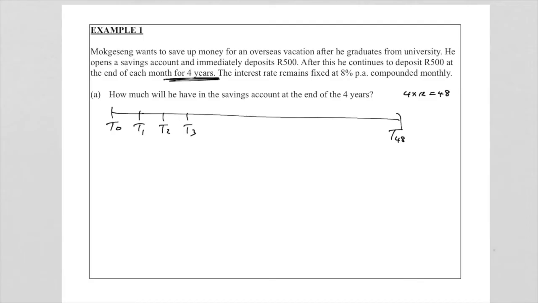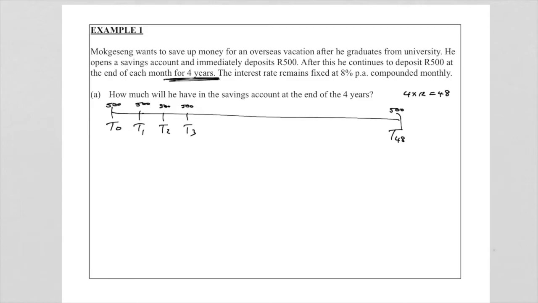Now, it doesn't mean that n is 48. Remember what I said earlier, n is the number of payments. So every month, he will pay 500 Rand. But please take note, the first payment is at T0. That is immediately. And then from a month after, he continued to pay right up to the 4 years expire.